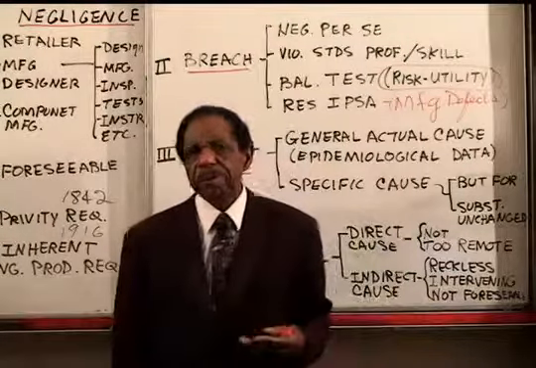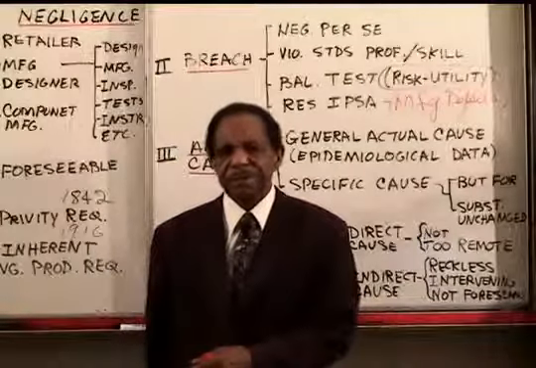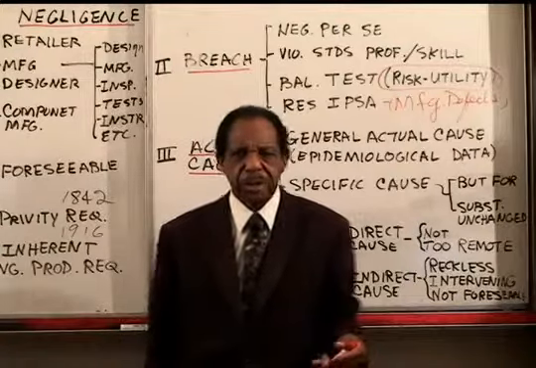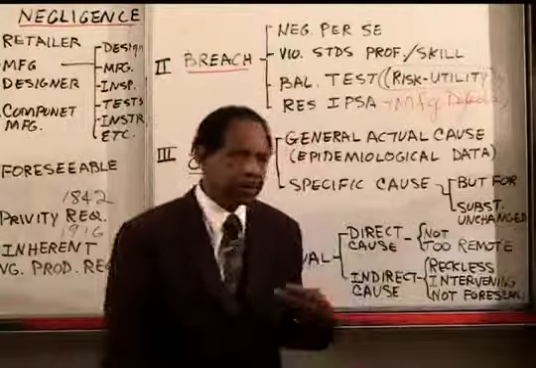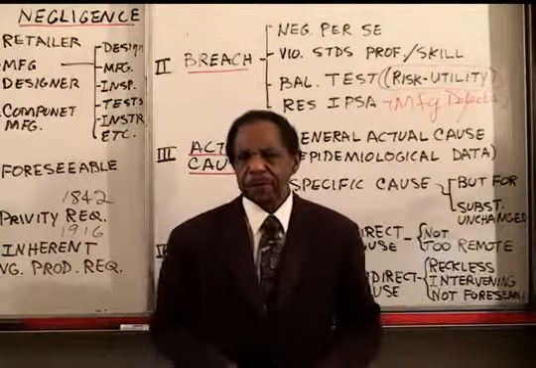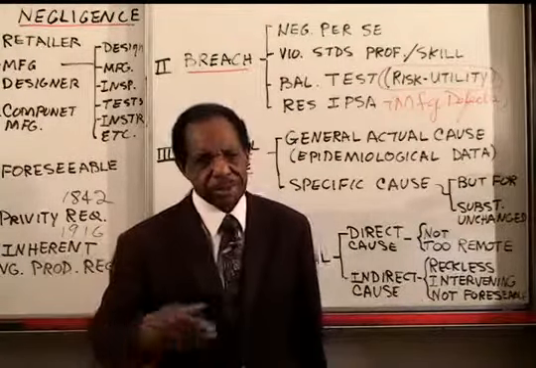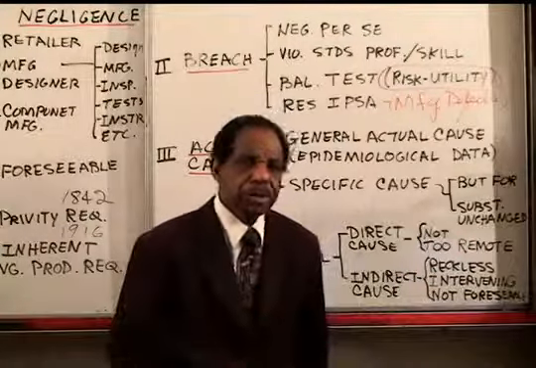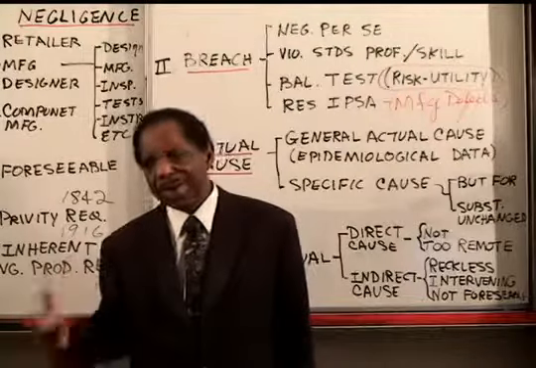Take the Agent Orange that was used in Vietnam, the cancers that people got from Agent Orange. Well, people get cancers for all kinds of reasons. So how do you establish that Agent Orange was the cause of it? In those situations, we use what's called epidemiological data, and if you can show that the exposure to whatever this is, to the drug DES, to the Agent Orange, significantly increased the probability that the person got the disease.